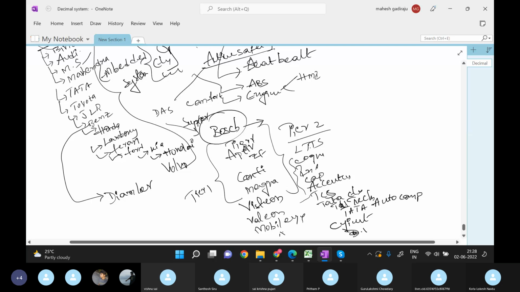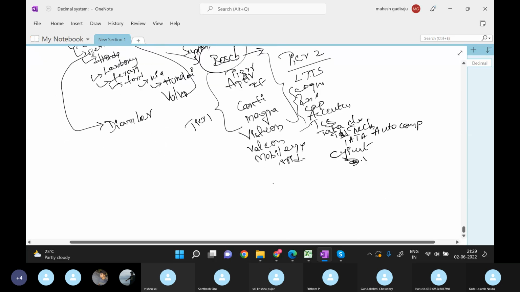Mobileye, Nvidia, and also all these chip manufacturing companies are there, right? They will be coming under the suppliers actually.